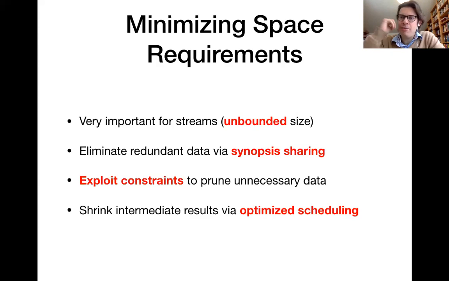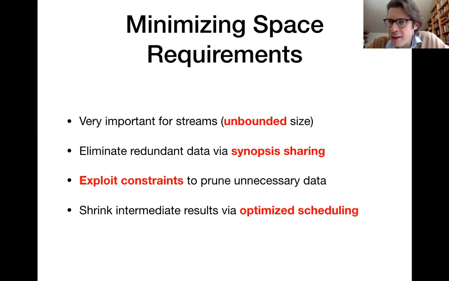Now, we have discussed a couple of ways in which the system tries to minimize the amount of data to store. For instance, if you have multiple operators in the system and they have to store tuples, sometimes they have to store the same tuple, so you want to overlap that. This is what I mean by synopsis sharing.